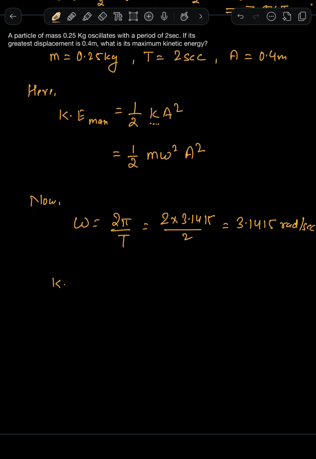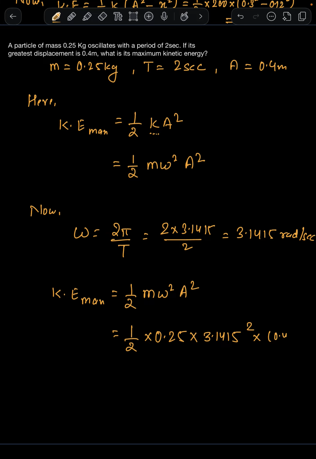I'm putting this value in the maximum kinetic energy: 1 by 2 into 0.25 into 3.1415 square into 0.4 amplitude square, and on solving we get about 0.2 joule. The fourth question is also solved. Now time for the fifth question.